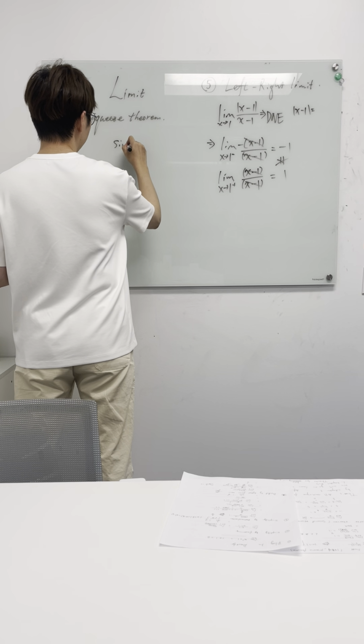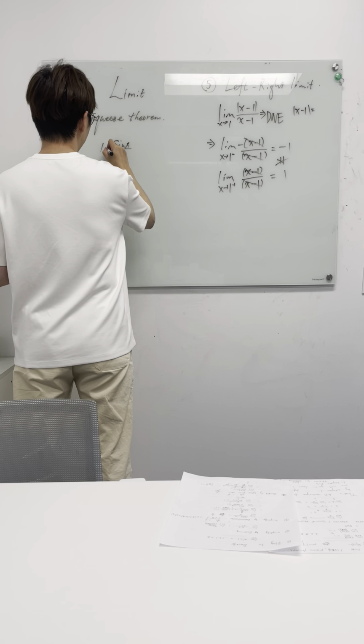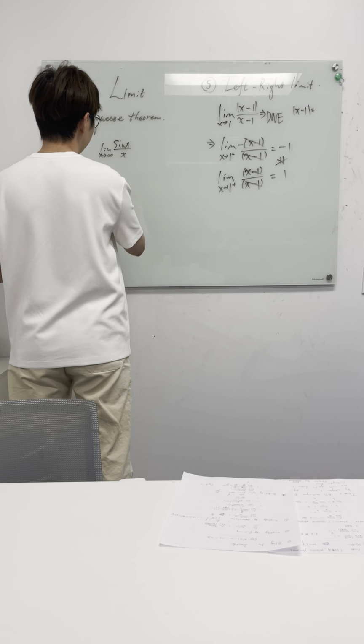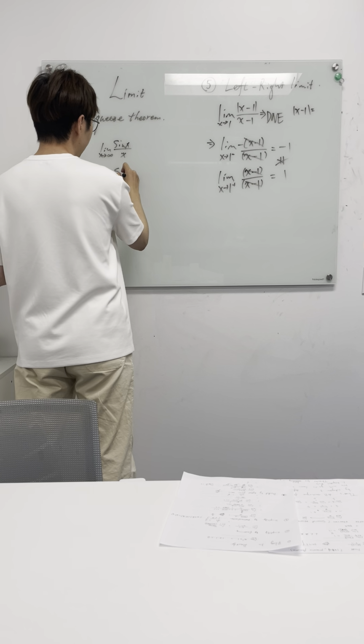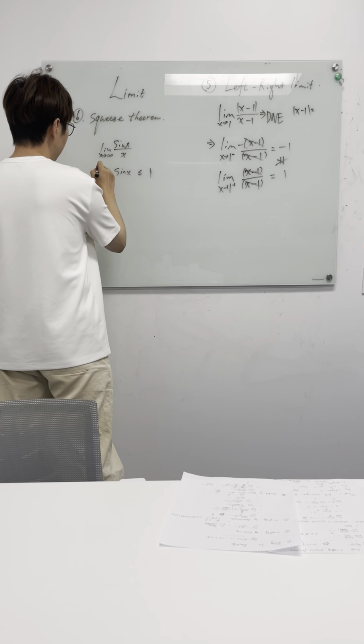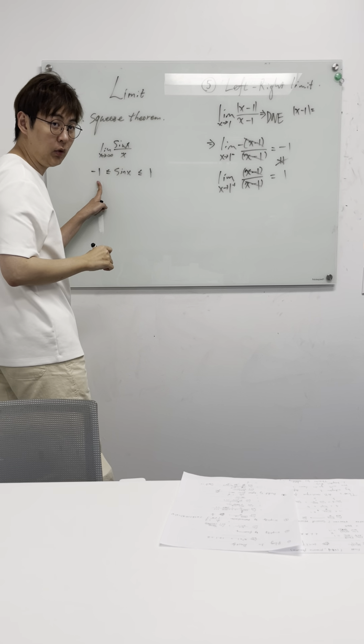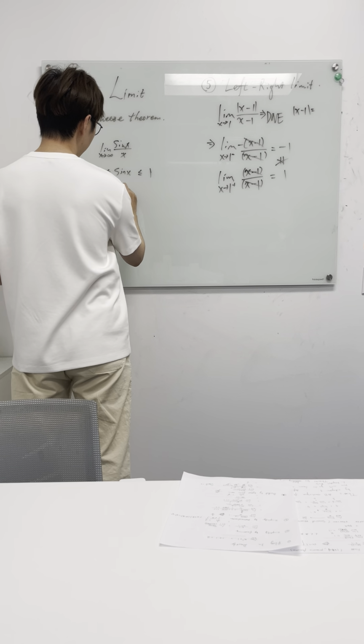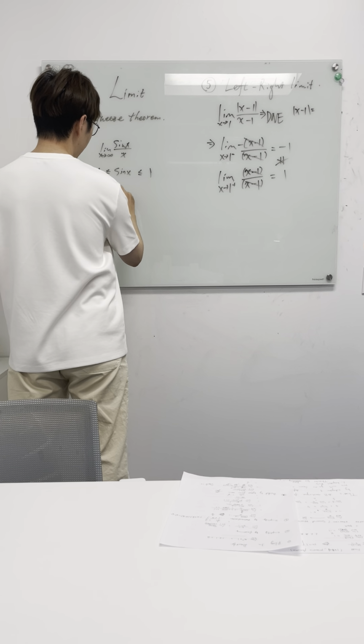For example, if we have this limit as x goes to infinity, how do we solve this one? We know sine has a range less than or equal to 1 and bigger than or equal to negative 1. So let's divide by x for each term.